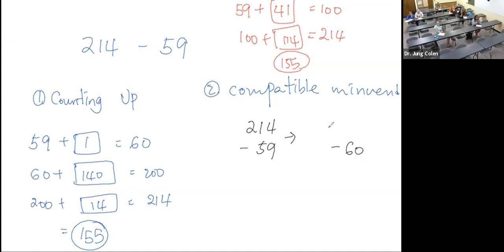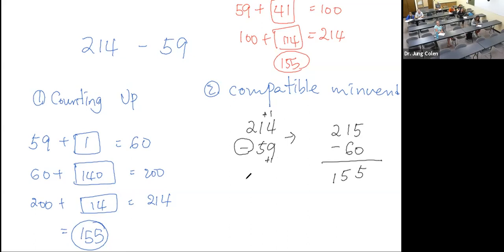Come on, louder. 215. You are adding the same number because this is subtraction. If you add 1 to 59, that's actually you are subtracting that 1, right? So we are adding 1 to both minuend and subtrahend. So 215 minus 60, it's so much easier now, right? 5 minus 0, 5. 21 minus 6, 15. 155.